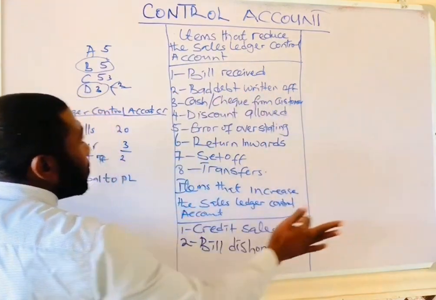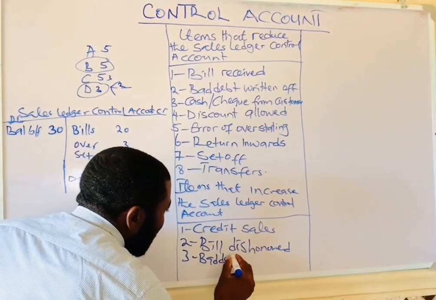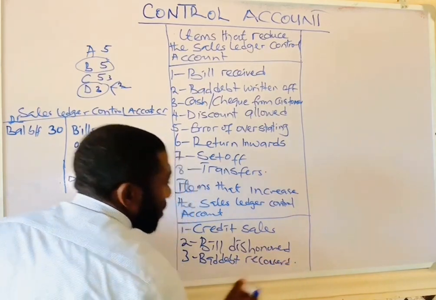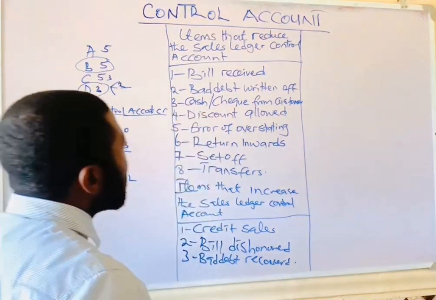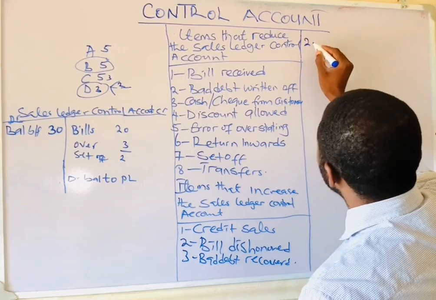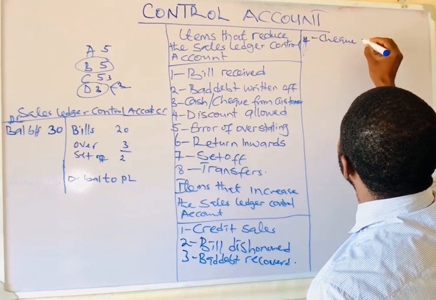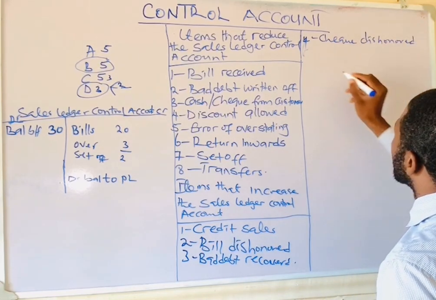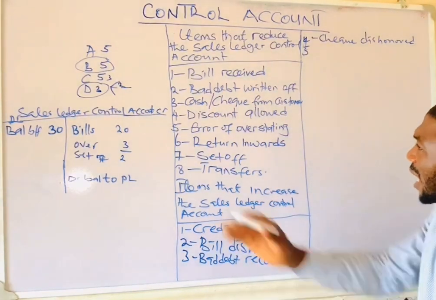Bad debt written off, you say bad debt recovered. I hope you are getting it. Cash or check received, you say number 4, check or cash dishonored. Number 5. If they are all the opposite, they will add to your balance.